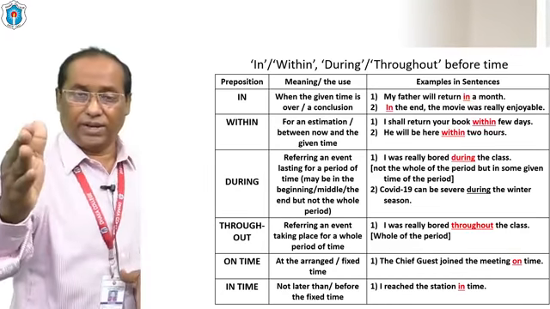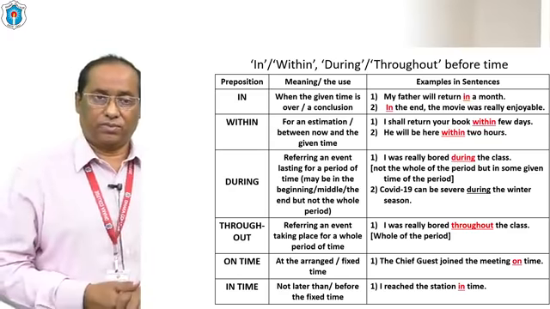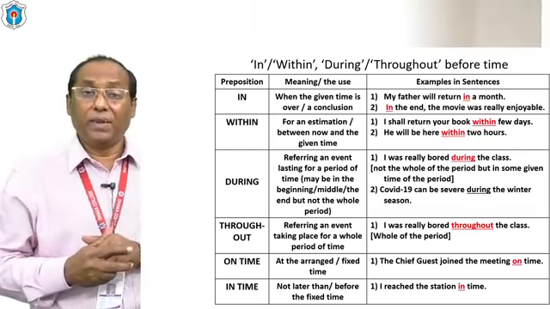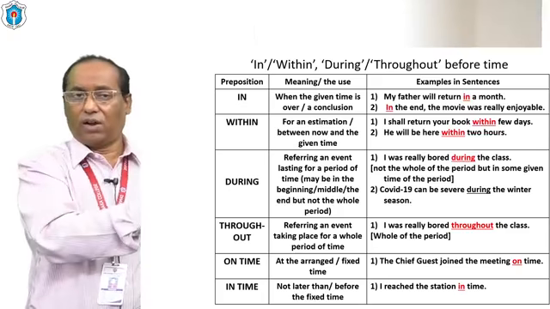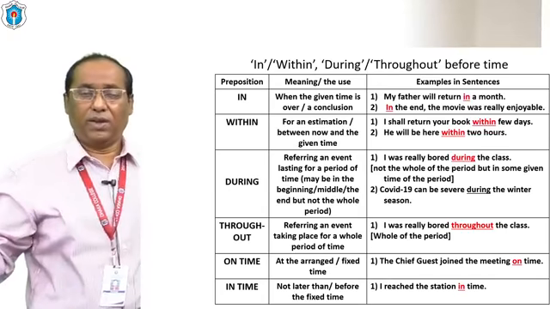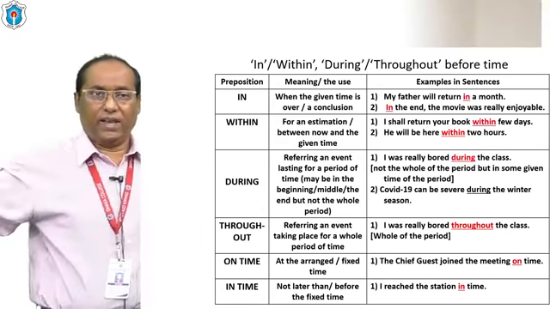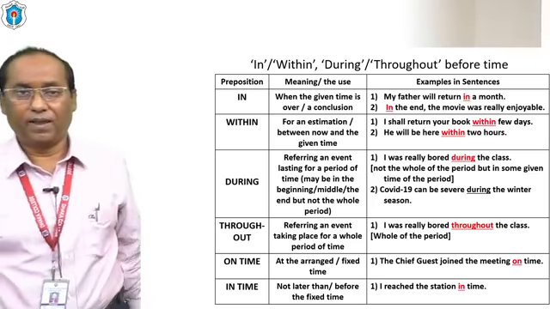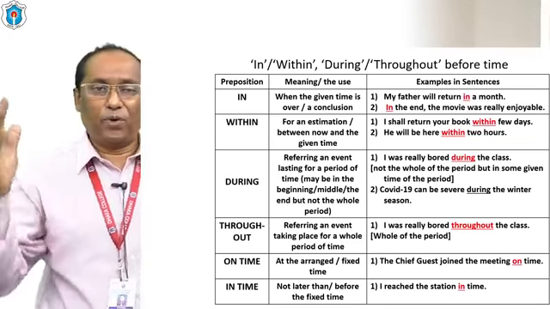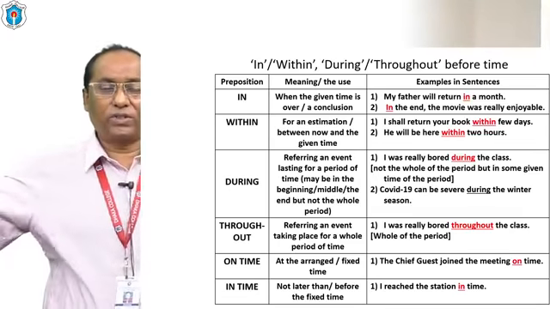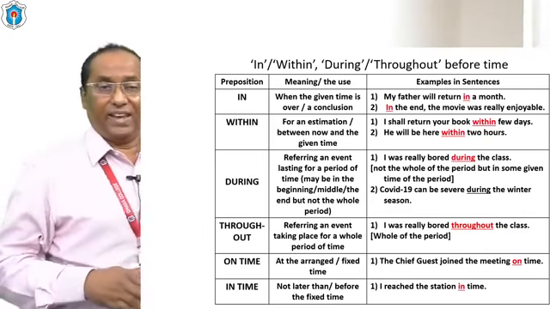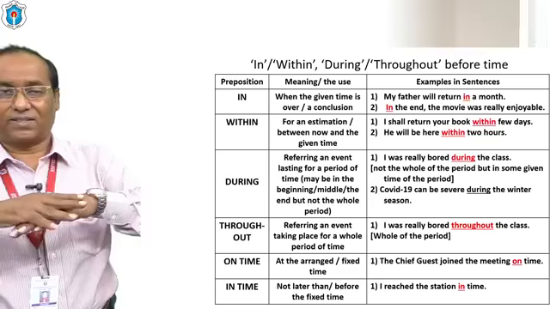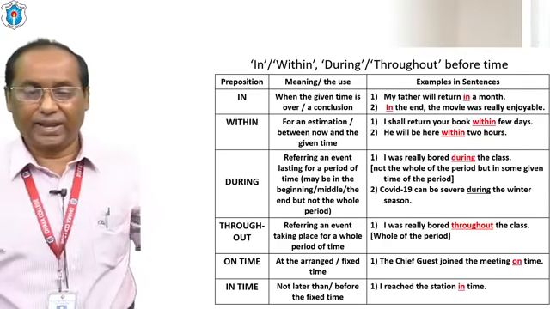On the contrary, throughout is used to mean the whole period, not a particular time of the period, but the whole period. As for example, you feel bored throughout the class. It means that from beginning to the end of the class, you feel bored.